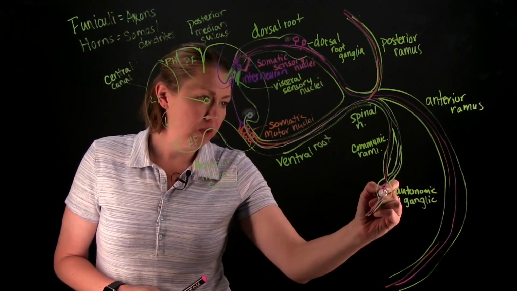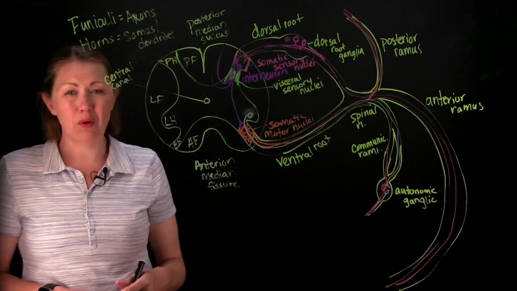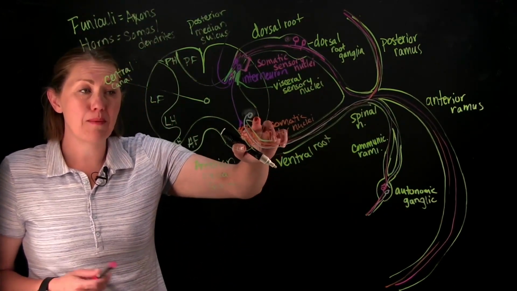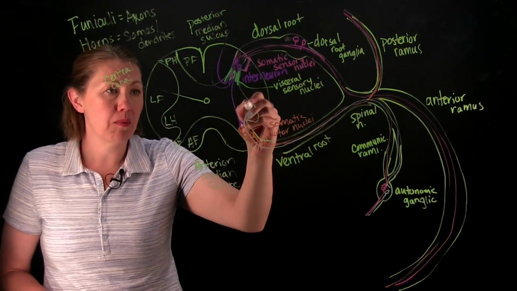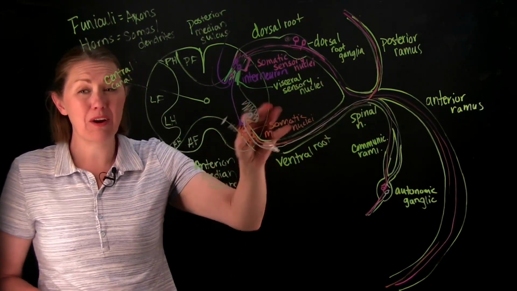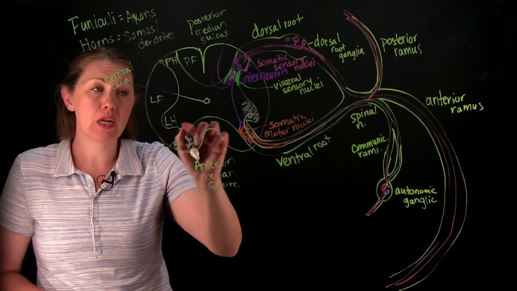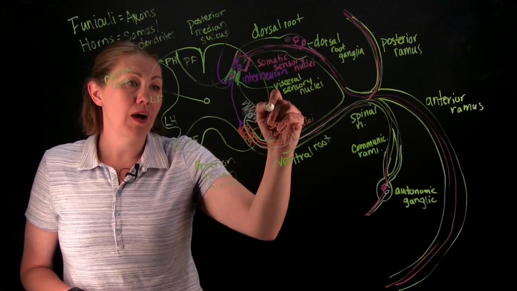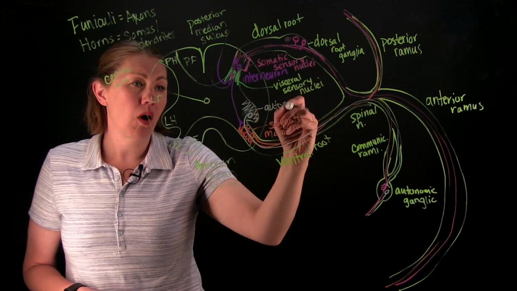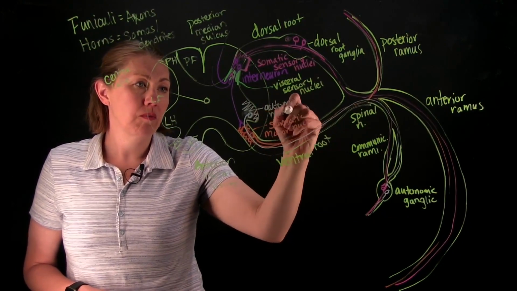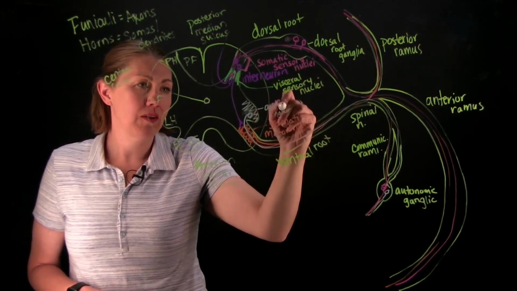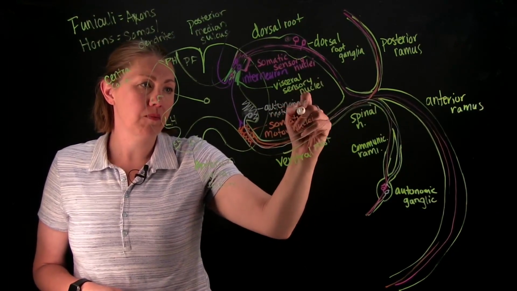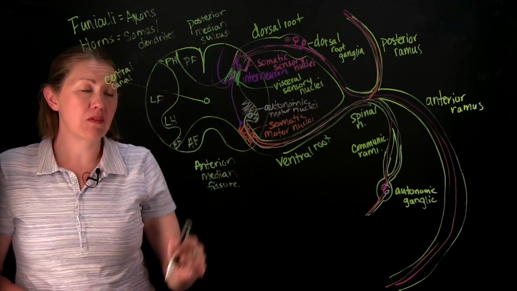Let's say we're going to talk to another cell here, then that will go to the stomach or the intestines. We're not aware of it. It's happening automatically. So this part, the lateral horn, is where we find our autonomic motor nuclei. Again, because we have somas.